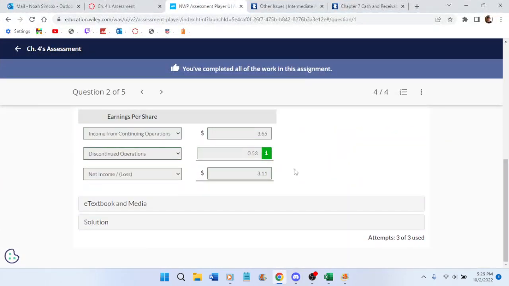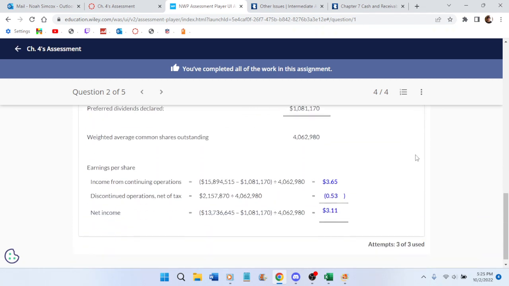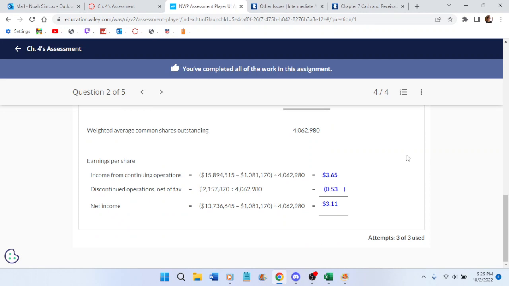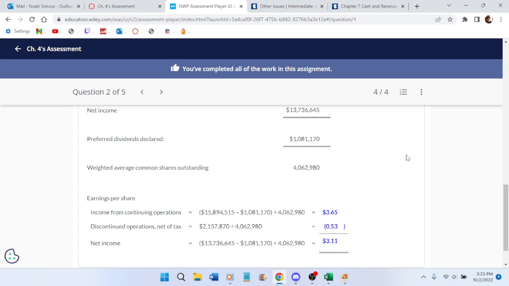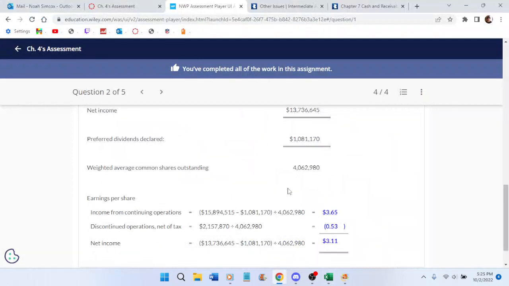How do you calculate this thing? Okay, thank goodness there's a solution here. What is going on with the solution? So what they do is they don't even consider preferred dividends in the calculation for that one. Why don't they consider the preferred dividends? Oh.